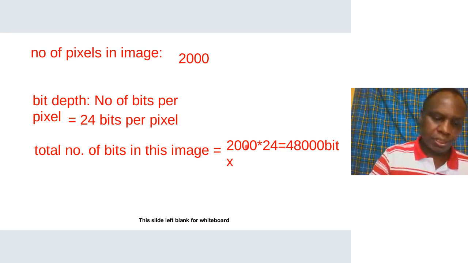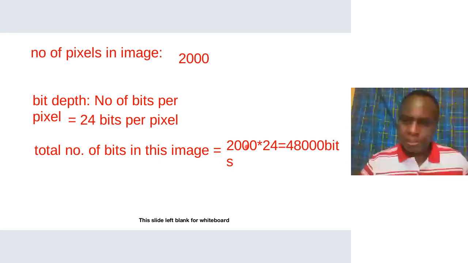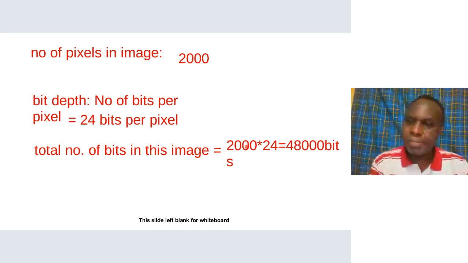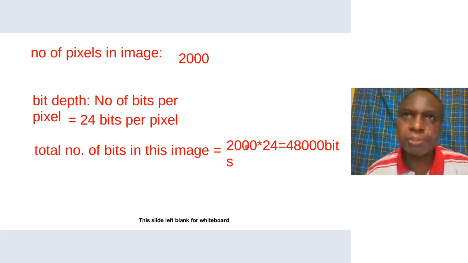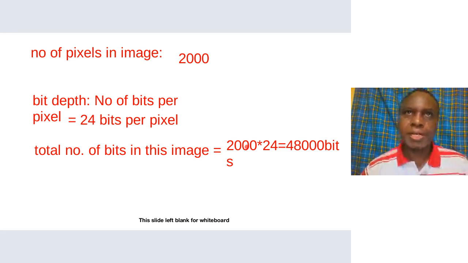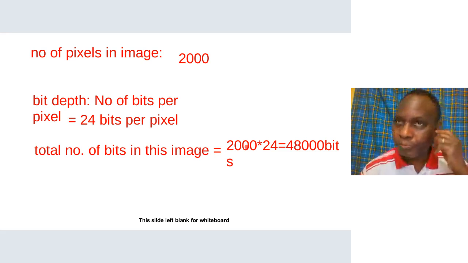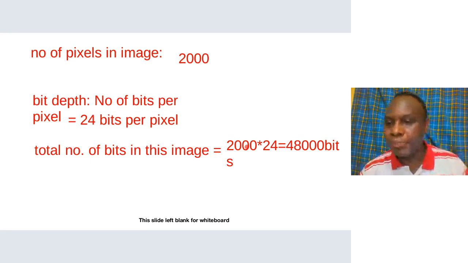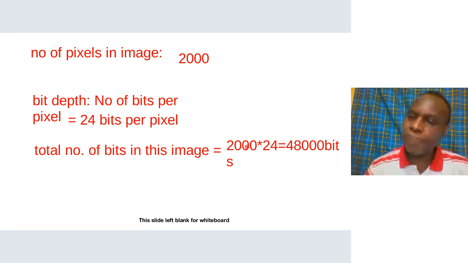So 48,000 bits. It's very important that you don't lose track of what you are dealing with: are you dealing with bits, or with bytes? At this point we are still dealing with bits. Then we convert these bits to bytes. The conversion is that 8 bits make 1 byte, so we need to divide this by 8.